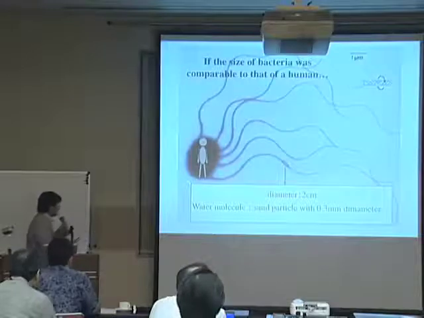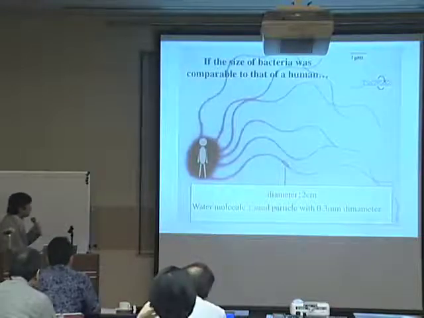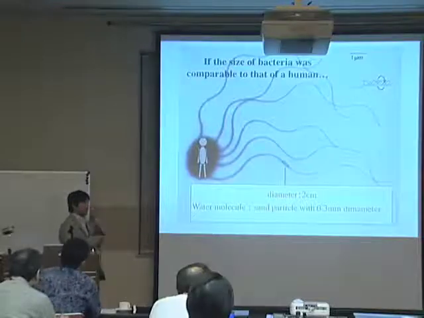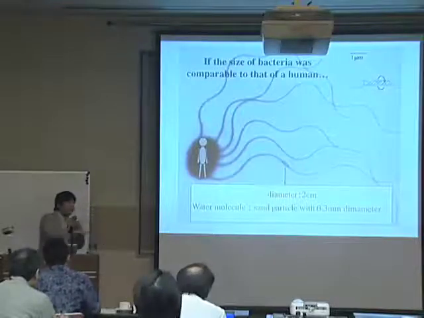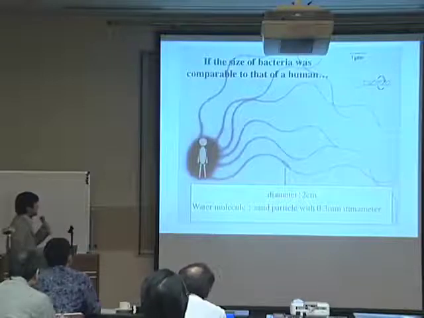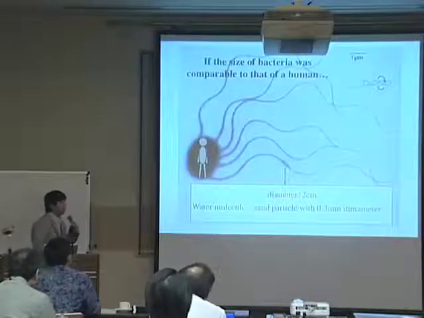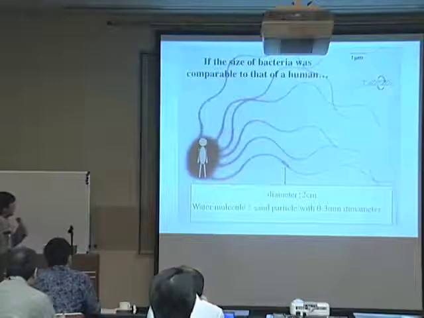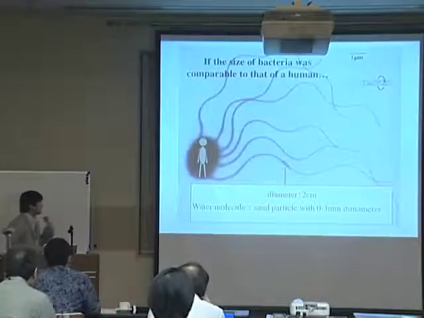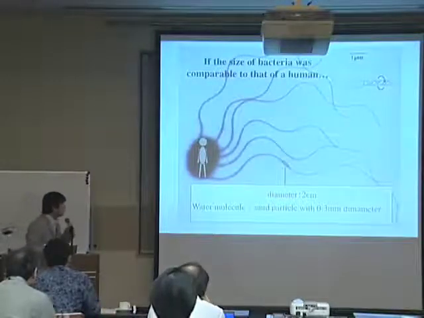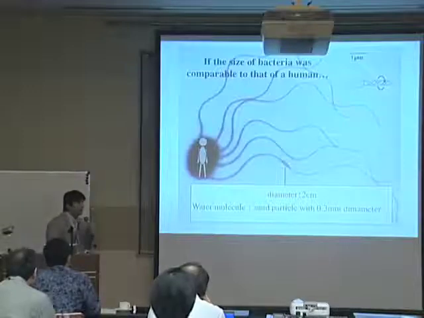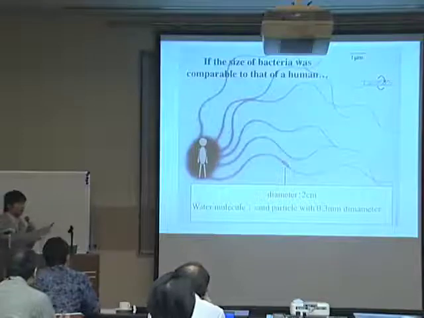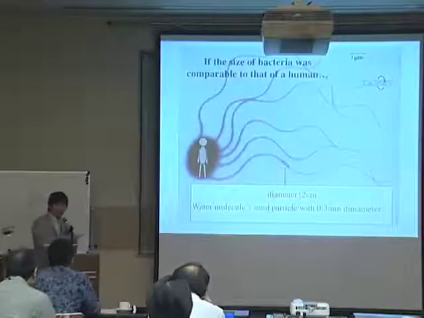At this size, the bacteria feel the water not as a continuous liquid but as particles, probably like sand particles of 0.3 millimeter diameter. So the bacteria swim in a very viscous environment.